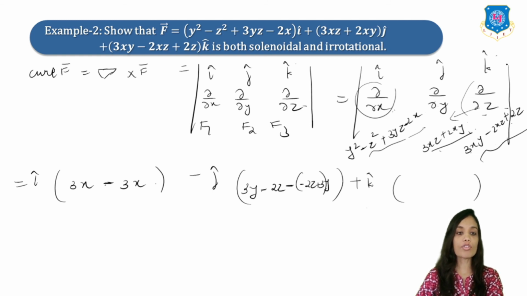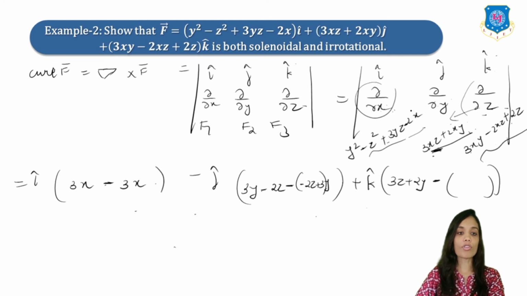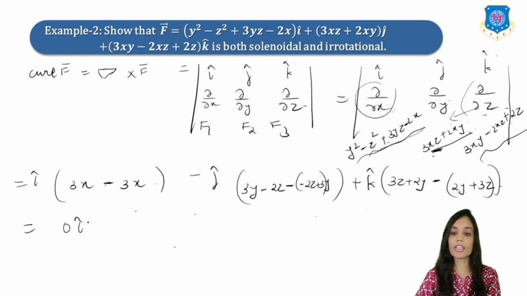And lastly we have to solve from here. So it will be 3z plus 2y minus, now solve from here. So we have to do the partial derivative of this with respect to y. So it will be 2y plus 3z again. So now you can see from here we are getting 0 i cap. If I open this bracket, we will get plus 0 j cap.